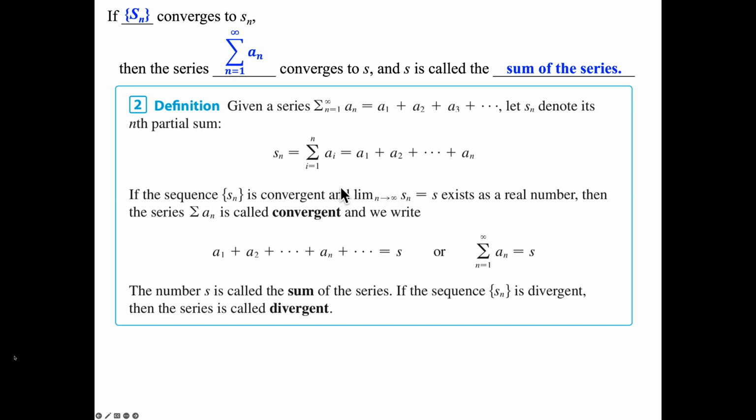And like we said, if the limit goes to some S, then the limit of that sequence of partial sums is going to be the sum of the original series, a sub n. So if it converges, then we have a sum for the original series. And of course, if there is no limit, then it's divergent. We can't find the sum of this because it's probably heading out towards infinity.